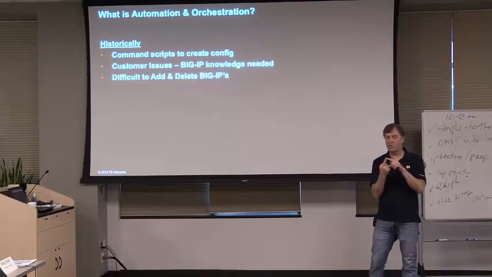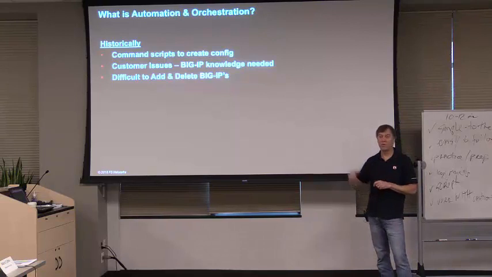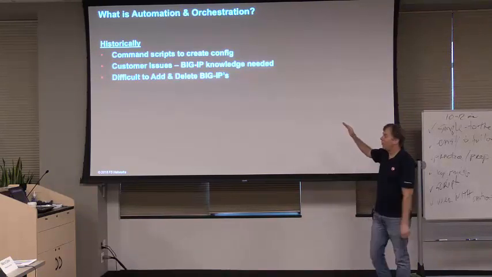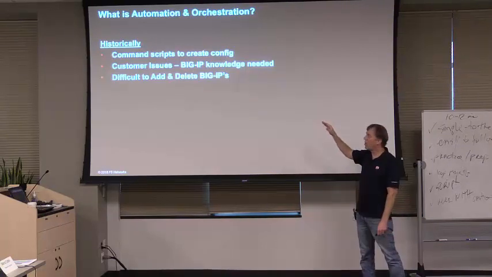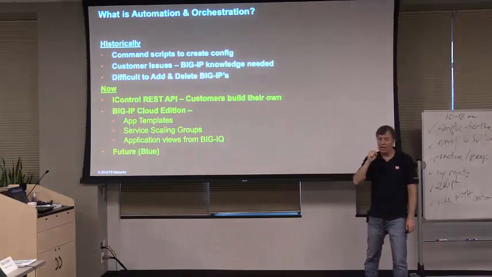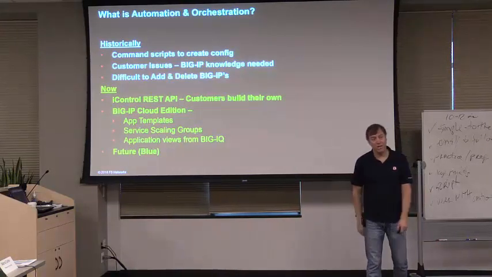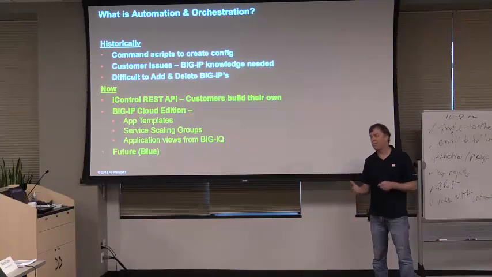A lot of knowledge had to be in that person for them to be able to automate and orchestrate, right? But you could always do it, and yet it was not easy, right? We want to make that easier. Now what we've added is this REST API to BIG-IP, because that's what a lot of DevOps groups are using, is a REST API.